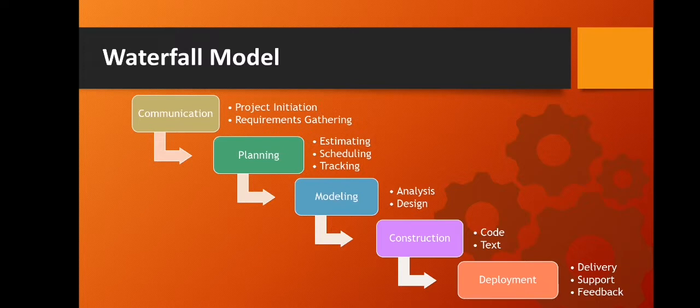So, the waterfall model suggests a systematic, sequential approach to software development that begins with customer specification of requirements and progresses through planning, modeling, construction, and development, culminating in an ongoing support of the completed software.